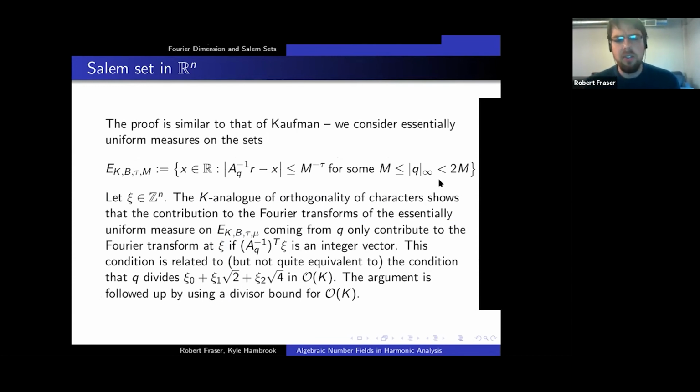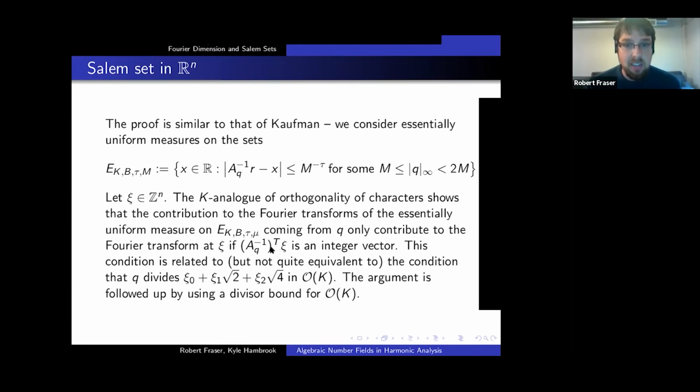And again, you use the orthogonality of characters to show that essentially the only values of Q that end up contributing to the Fourier transform of the uniform measure will be those values of Q such that AQ inverse transpose C is an integer vector.